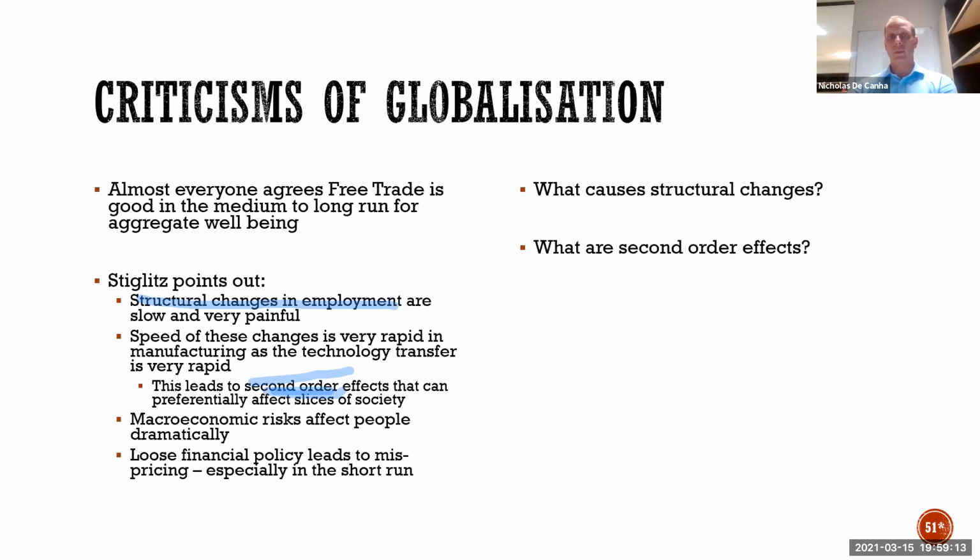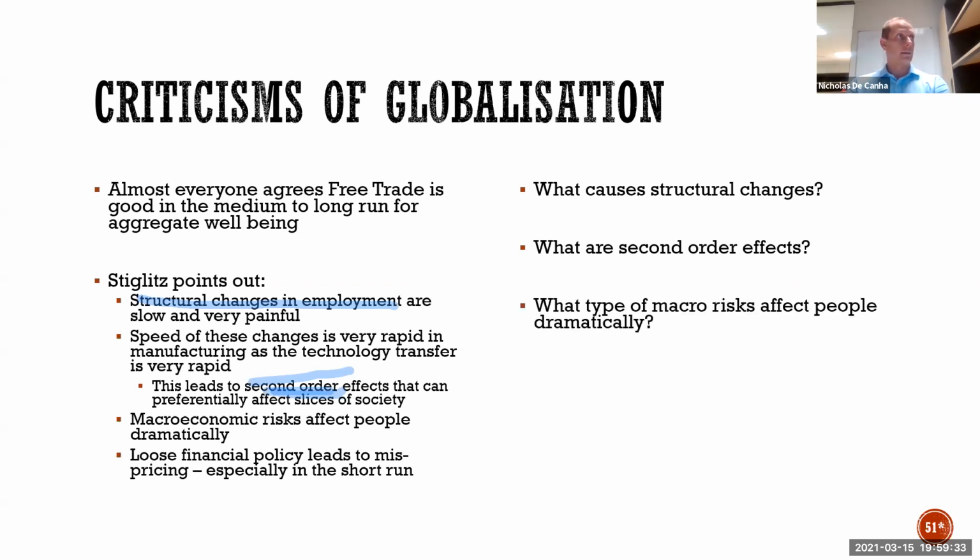And so when it says that it preferentially affects slices of society, your integrative roles are usually spared, and the roles that provide more repetitive work get affected. So this is quite substantial.